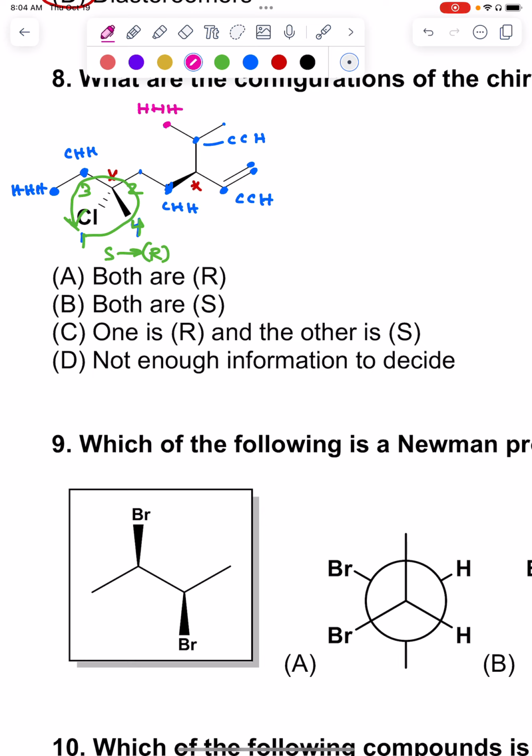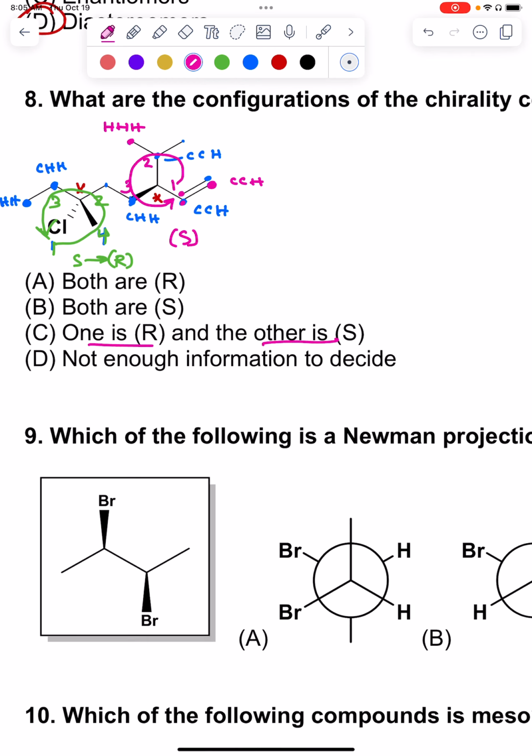And then this carbon here is, now it's C, C, H, C, C, H. So this should get the 2 spot. Okay, sorry. I'm sorry, this should get the 1 spot. 1, 2, 3. 1, 2, 3. This looks S, and it is S. So we have 1 R and 1 S.